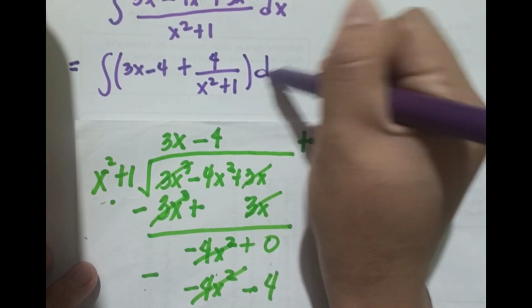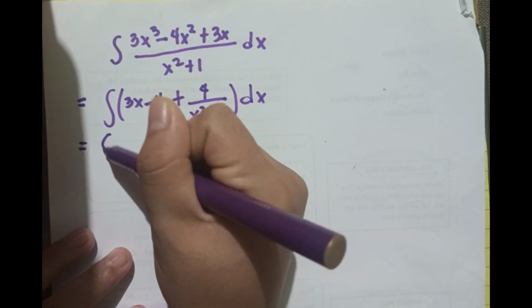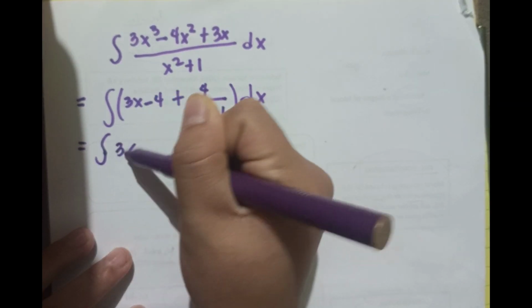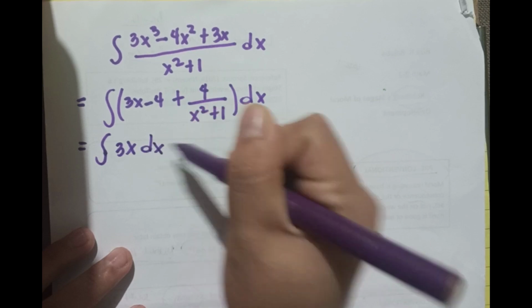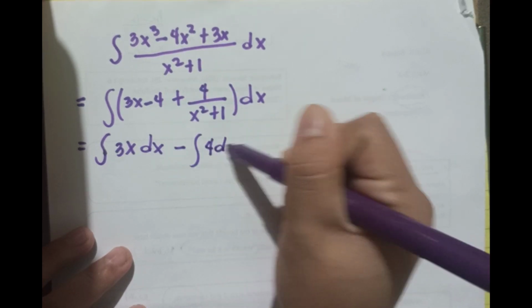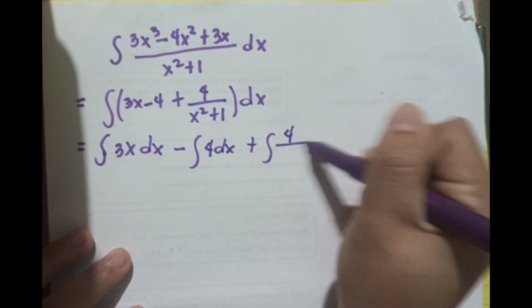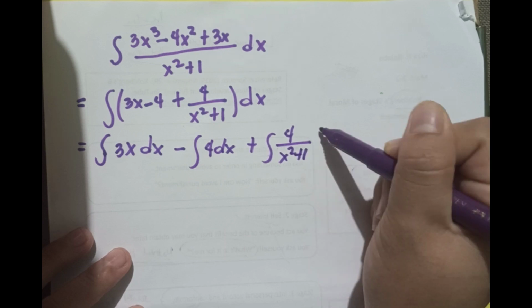Then let's find the integral. We need to separate each function. That is the integral of 3x dx minus the integral of 4 dx plus the integral of 4 over x squared plus 1 dx.